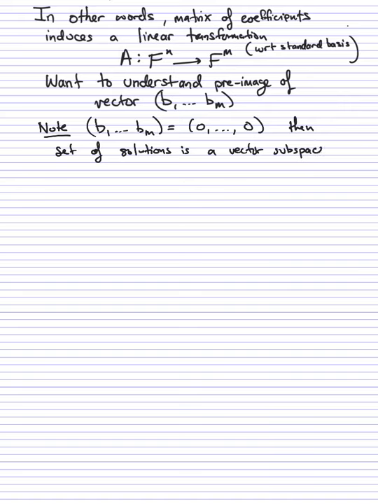This you can easily check. If you have two things which get sent to zero under a linear transformation, and you take the sum of them or multiply them by a scalar, you're going to get something which still goes to zero. This is always called the kernel of the linear transformation.